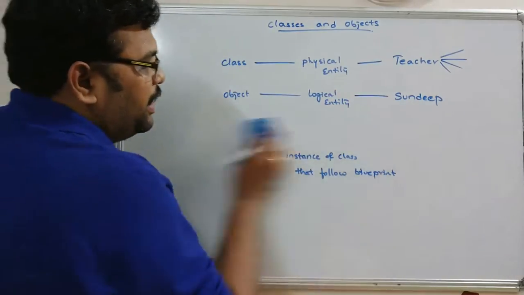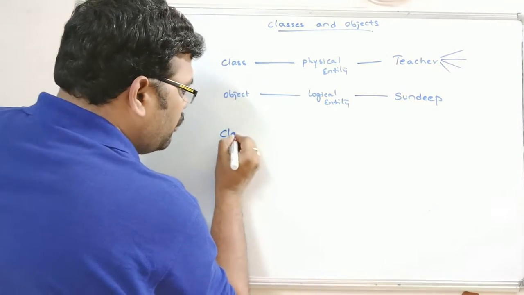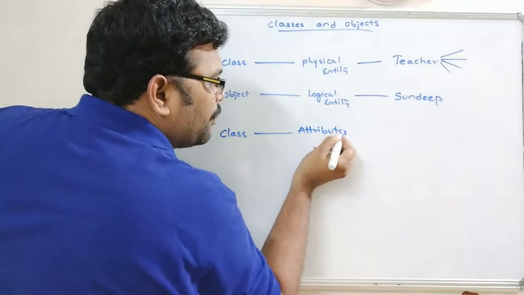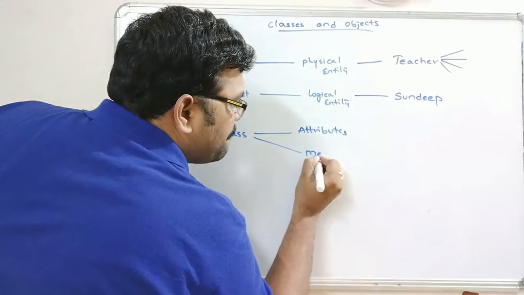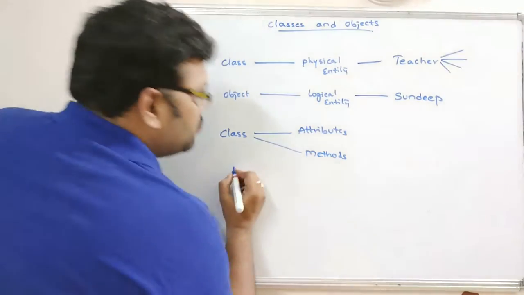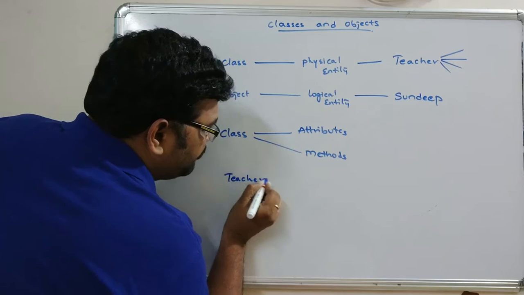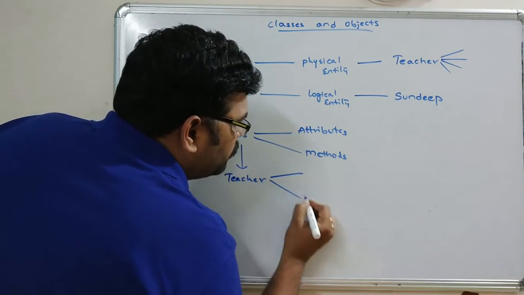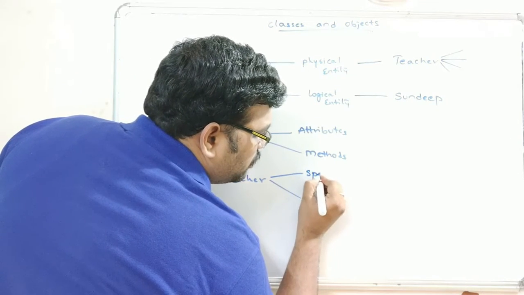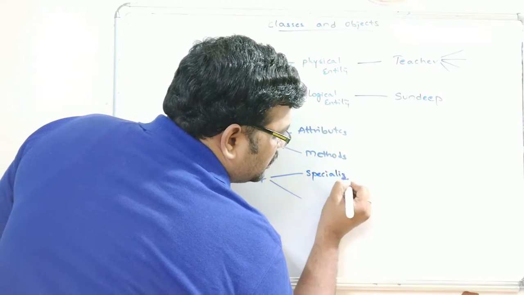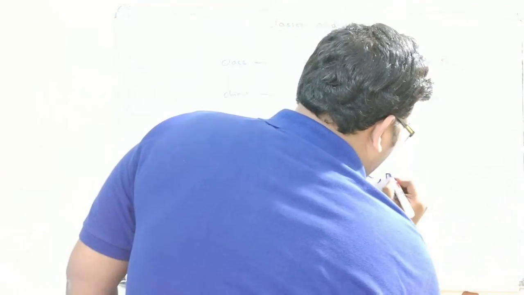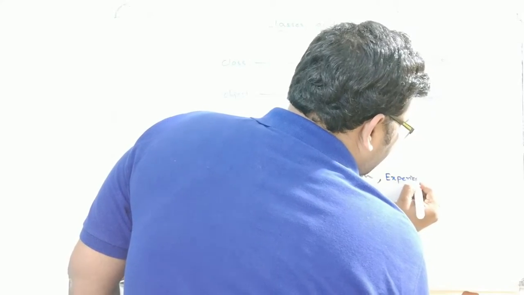Similarly, a class can have attributes and methods or functions. Teacher is a class. Attributes: specialization, experience, qualification.